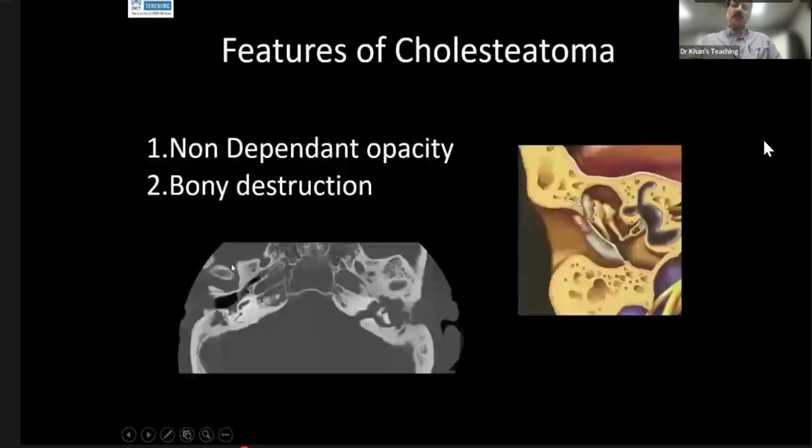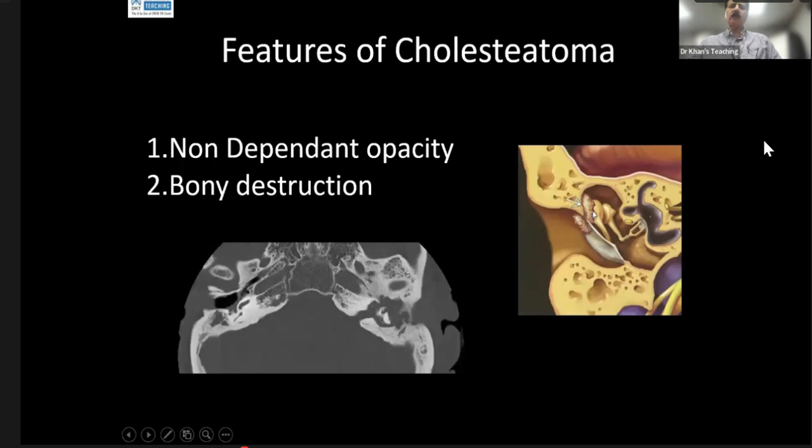Now, you have to remember the pathology, what is happening. Basically, in cholesteatoma, because of otitis media, there is retraction of the membrane and the skin cells go into the middle ear cavity. And you remember that one of the properties of the skin cells is exfoliation. So they keep growing and they have got keratin inside.